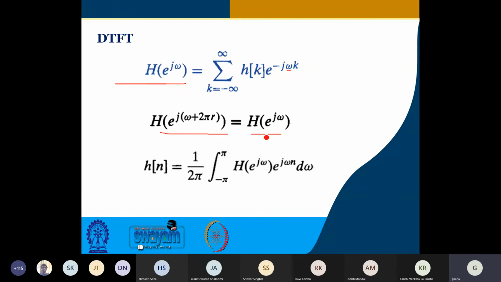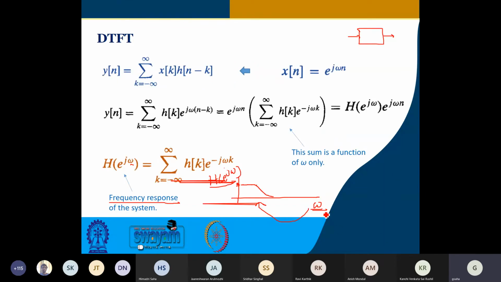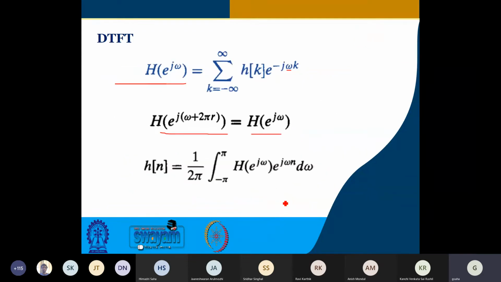So this frequency response we can calculate from 0 to 2 pi or minus pi to pi, and then it just repeats. Unlike the frequency response of a continuous time system, where capital omega extends up to infinity, here it is enough to show it up to 2 pi or minus pi to plus pi, because of this nature.